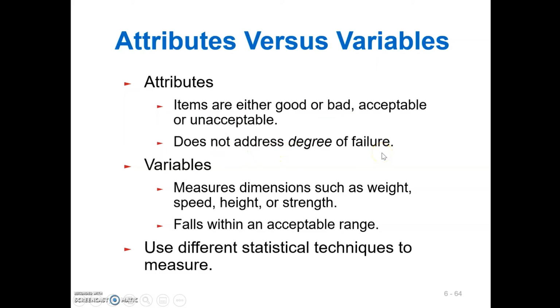For example, in the case of a light bulb, whether it works or it doesn't work. For variables, it measures dimensions such as weight, speed, height, or strength, so it falls within an acceptable range. You can think of the mineral water bottle. For example, if it contains 500 milliliters, if we are measuring it in terms of milliliters, then it should fall within an acceptable range.